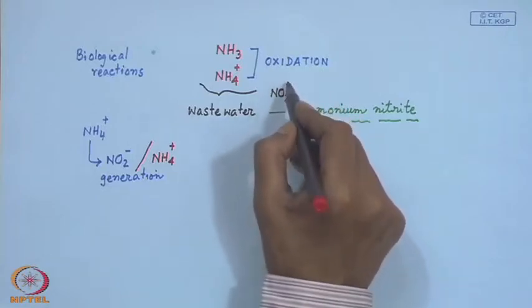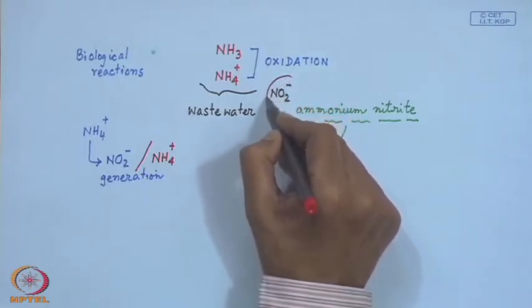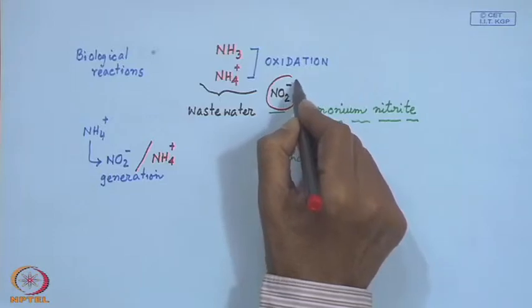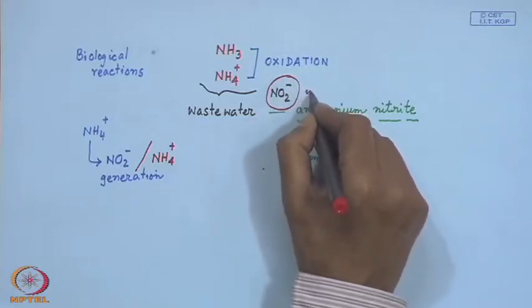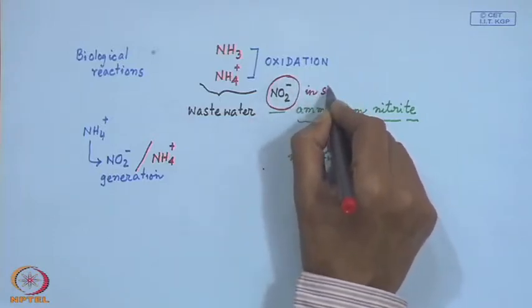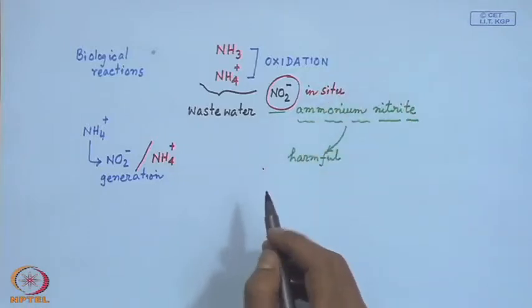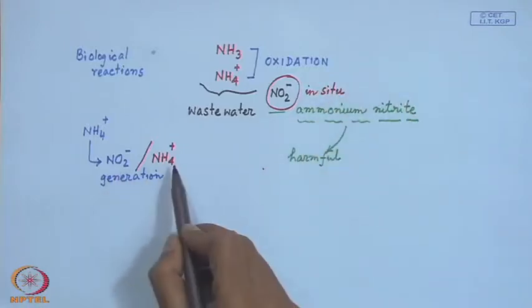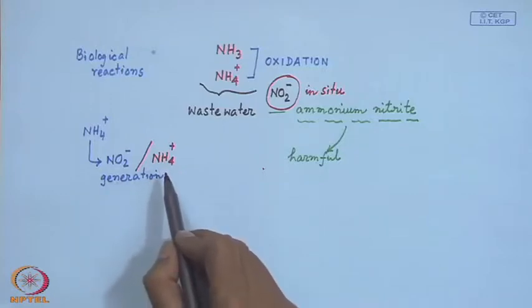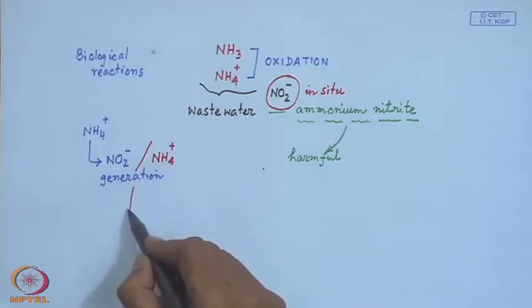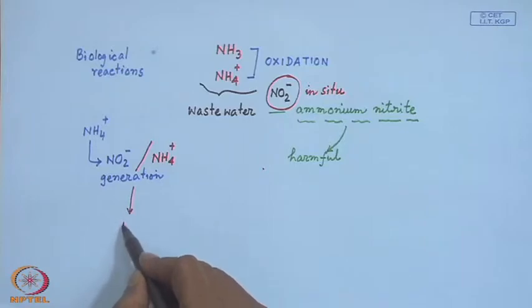So, this is what we are talking about, these are generated. Within the reaction medium, that means in situ, we are generating some amount of nitrite ion, and that ion when it reacts with the ammonium ion can go for the typical degradation with the production of only nitrogen gas.